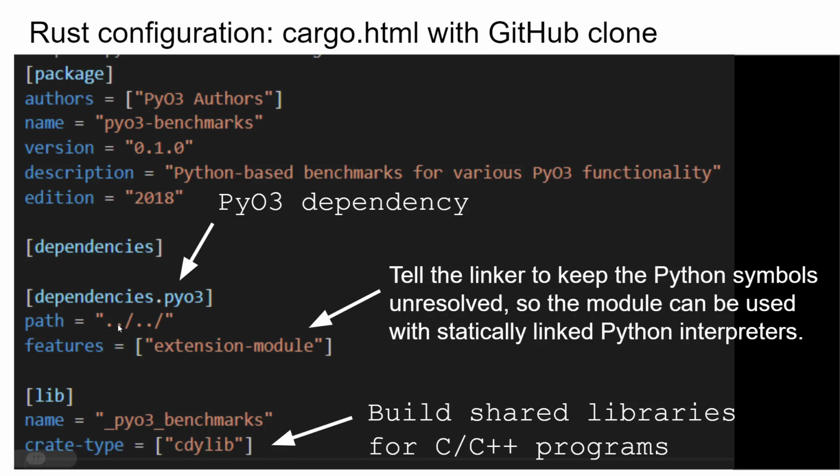And in this case, there's the path, because this example is in the PyO3 directory. So it's simply saying the actual PyO3 code is right above it. And we just say that it's a library, and this will then build a shared library. And then it will also take care of linking the code appropriately so that it can be used in Python. And then now we'll look at a demo.